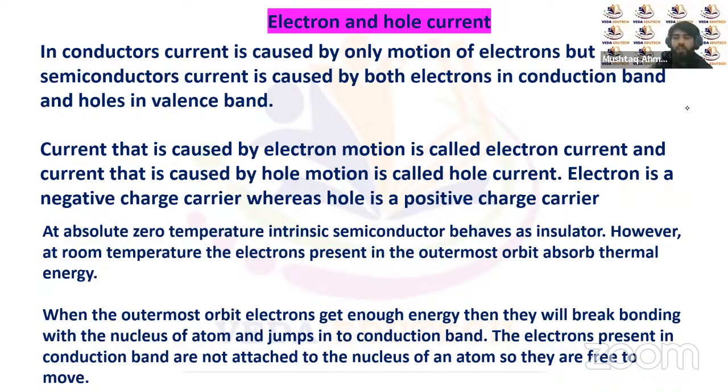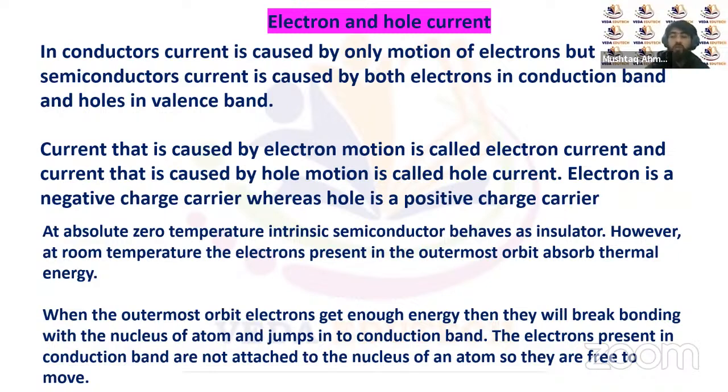So the current caused by electron motion we call electron current, and the current caused by hole motion is called hole current. Electron is a negative charge carrier, and a hole is a positive charge carrier because it is an electron deficient site; it behaves like a positive charge carrier.